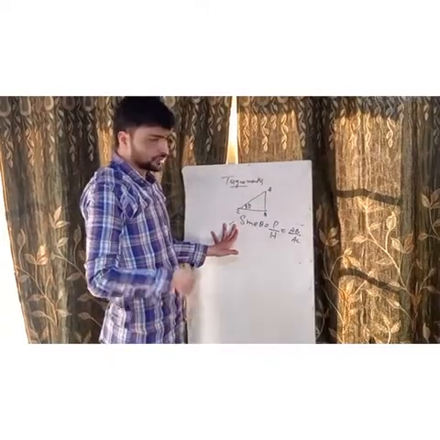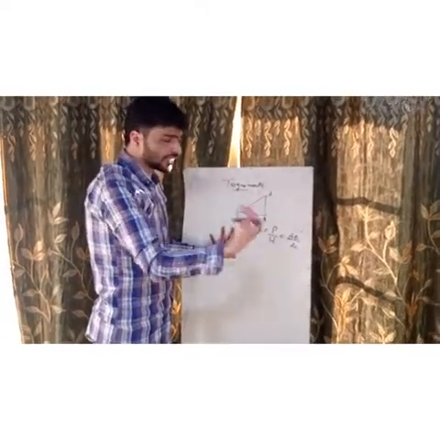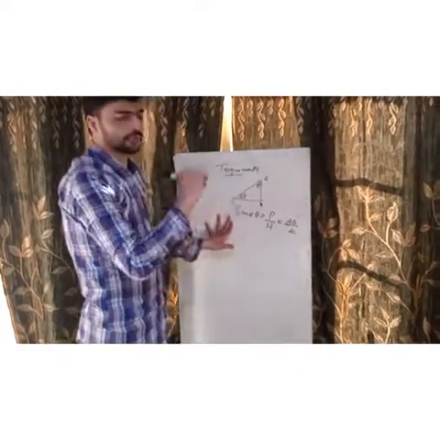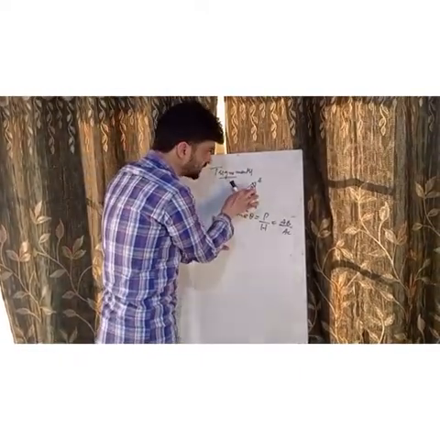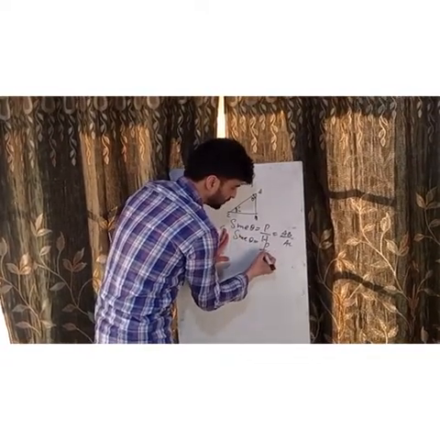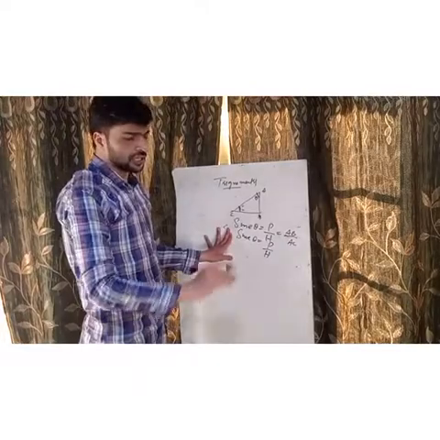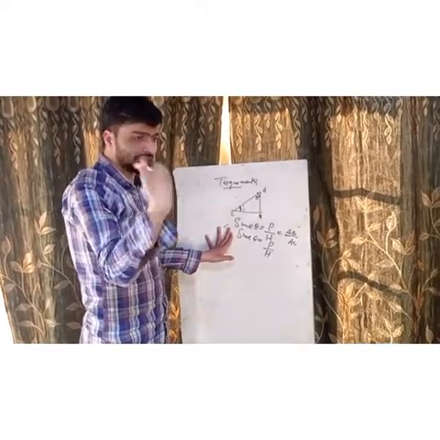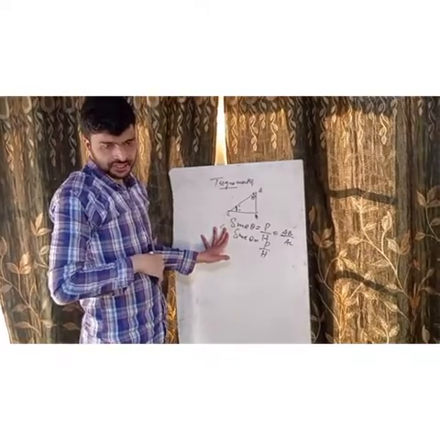Students, what happens if we locate theta at the other angle? Then sine theta is again the same ratio, perpendicular over hypotenuse. There is nothing new, but I already told you that with respect to the angle, perpendicular and base get changed.